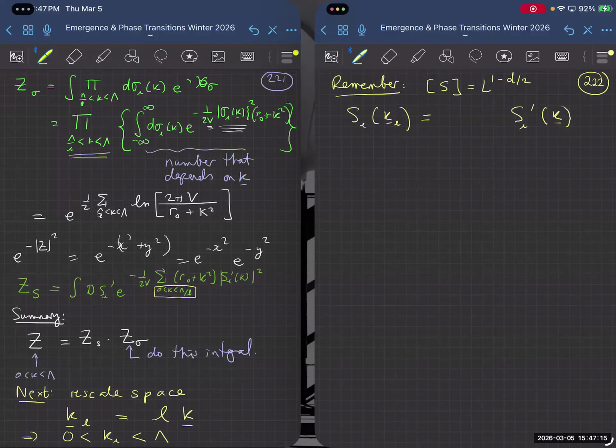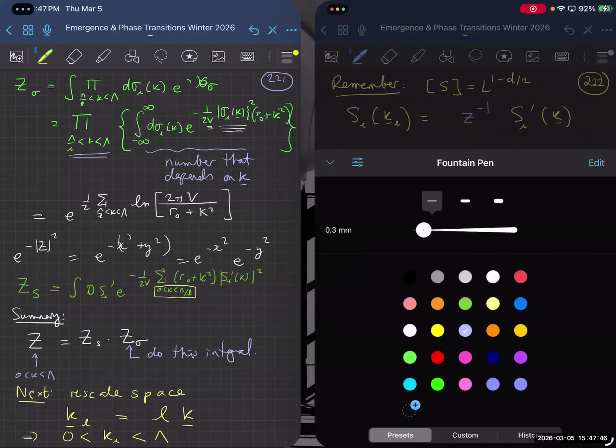And it's going to scale in a way that's non-trivial because it has non-trivial dimensions in space, non-trivial dimensions on L. So there's going to be a coefficient that comes in here, and I'm going to call that coefficient Z to the minus 1. They have to be proportional. It's still the spin variable, but we're just rescaling it. So this is a factor to be determined.